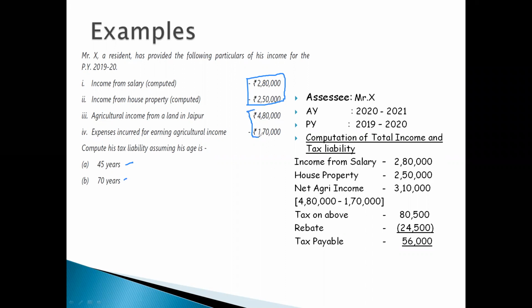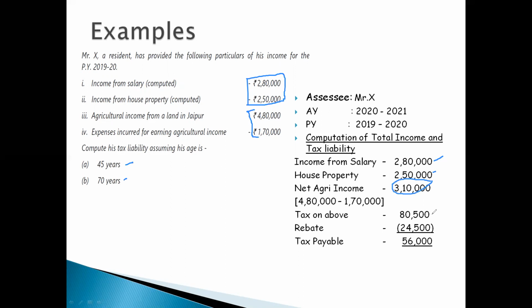So how to compute? Always, as told before, follow this format of writing the assessee name and computation of what has been asked. Since it is tax liability for two ages, even total income will be computed. So we are considering all the other income initially: income from salary and house property. Now this agricultural income has a special treatment.